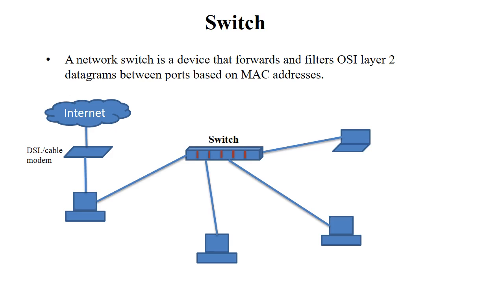A switch is a device in a computer network that connects other devices together. Multiple data cables are plugged into a switch to enable communication between different network devices. So the purpose of a switch is communication between different network devices.